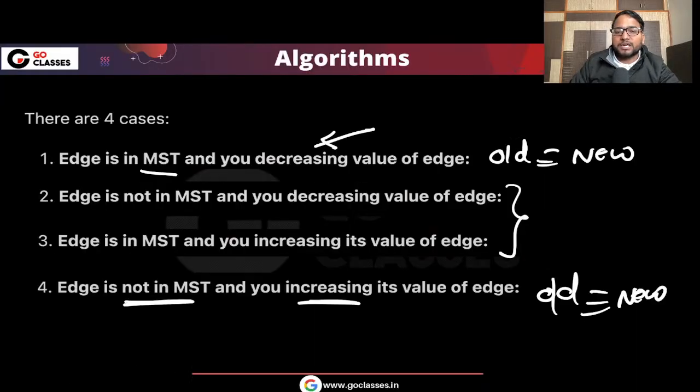Which means if there is some edge that is basically not in MST, and then you're decreasing the value. For example, maybe I can draw some example here. Let's suppose this is the graph, and these are the MST edges.